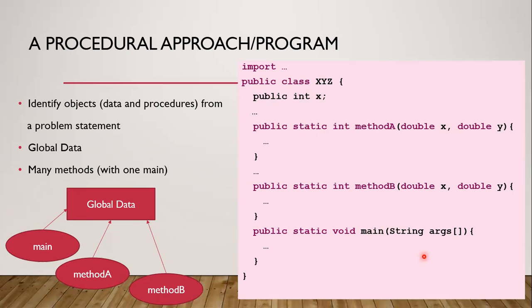Obviously, when we run the program, execution starts from the main, and the main calls other methods. Other methods can call other methods, and they all have access to the global data.